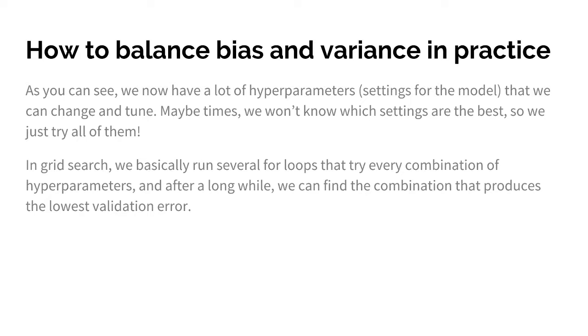So every number of layers within a given range, let's say 1 to 10, and we also try several different activations and learning rates, and that would already give us several dozen scenarios to try. And so after a long while, a lot of training, we can find a combination that produces the lowest validation error.